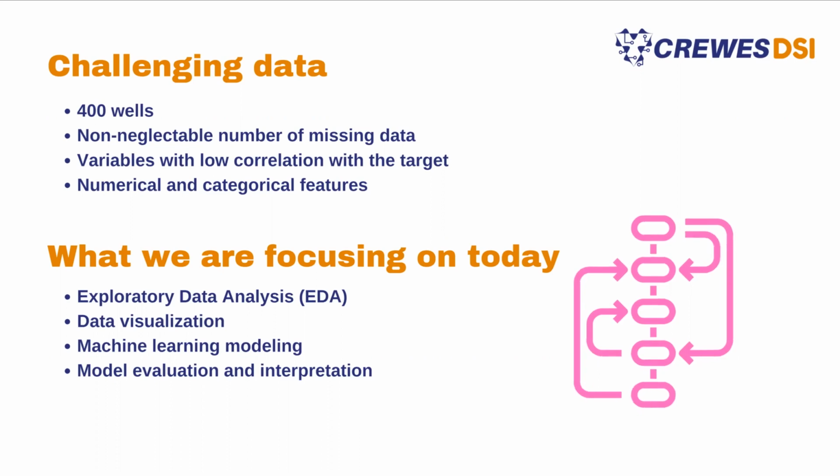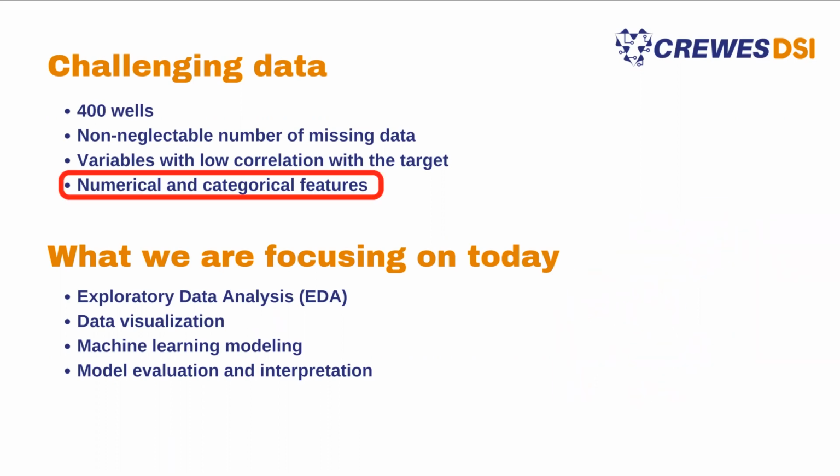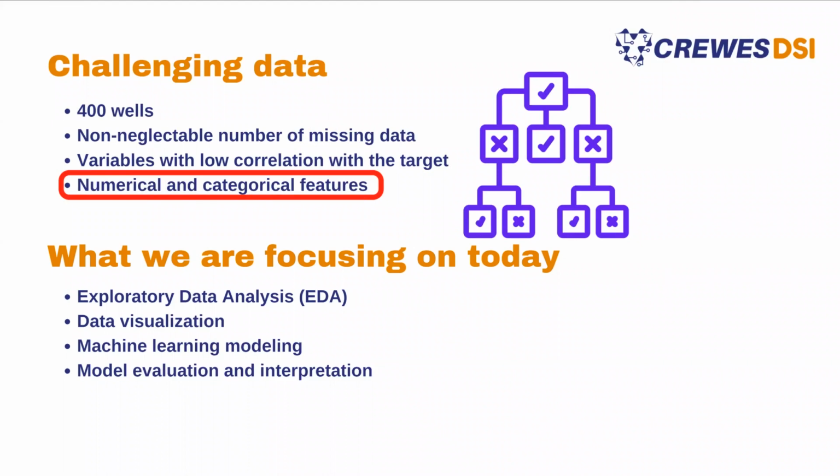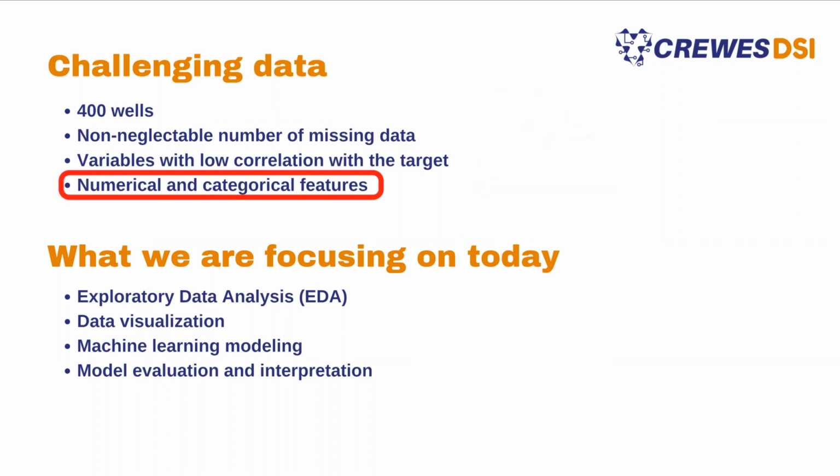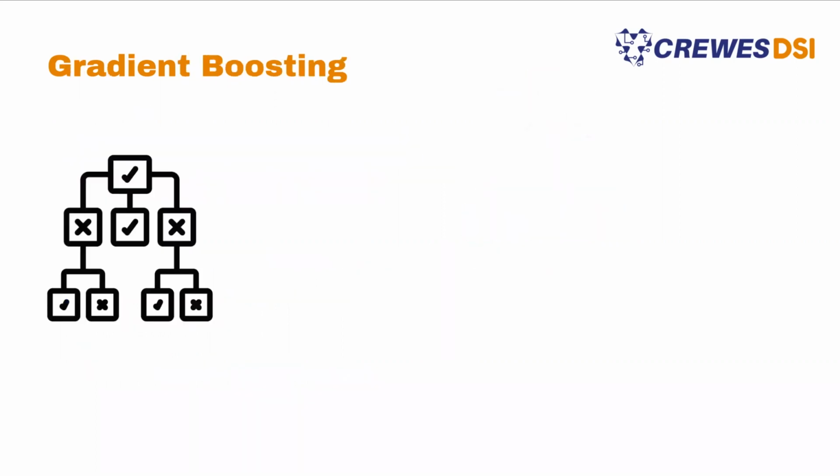One way to deal with these numerical and categorical features, one simple way, is to use tree-based models, because as they are a combination of if conditions, you can have a mix of numerical and categorical features. And what we're going to be using today, actually, is gradient boosting, which is an ensemble of decision trees.